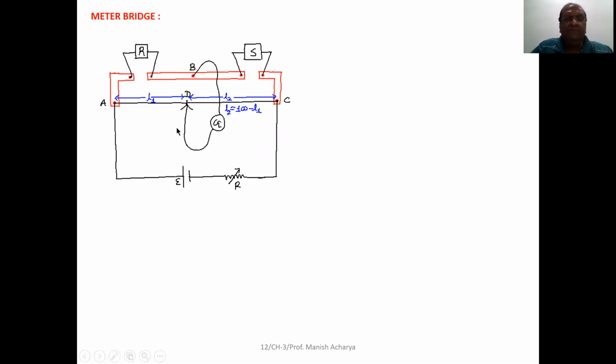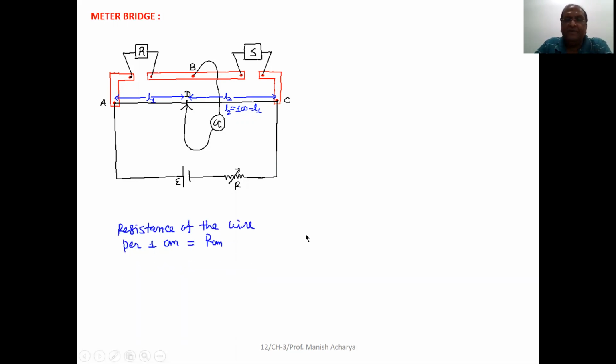At that time, the length of the wire A to D is represented here as L1. Whatever is the resistance of this L1 length of the wire behaves as resistance R1, and whatever is the resistance of the remaining part of the wire behaves as resistance R3.